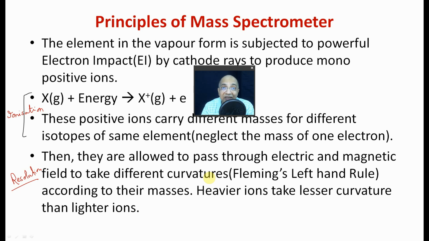So lighter ones get a greater curvature. And supposing this is the curvature, the stream containing, supposing, chlorine 35 as well as chlorine 37 together, they are entering the magnetic field, for example.